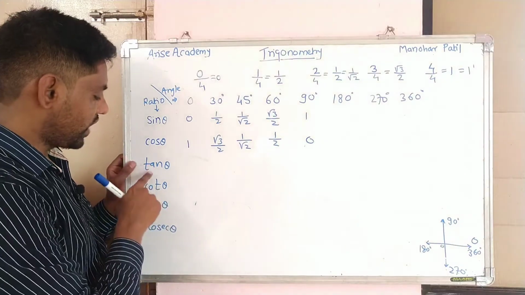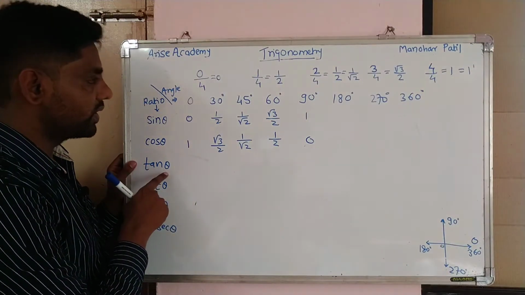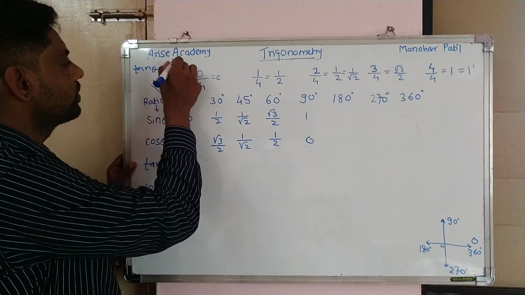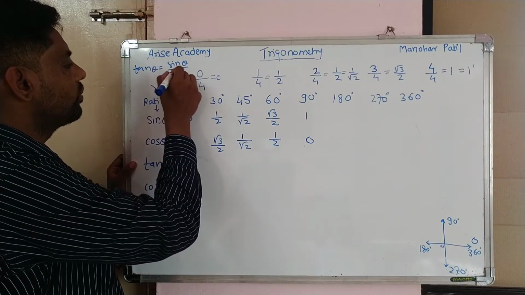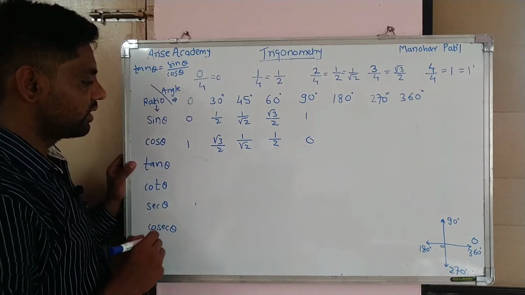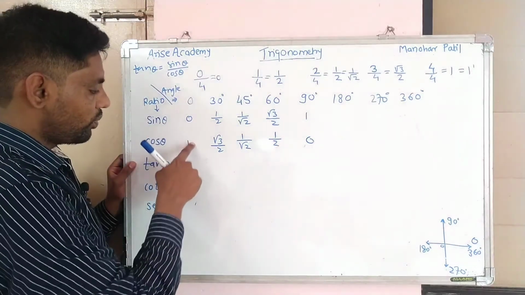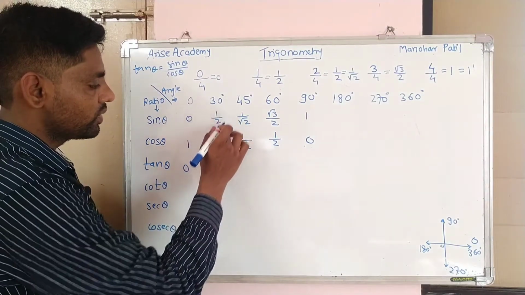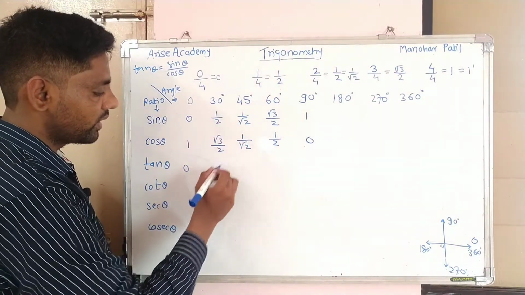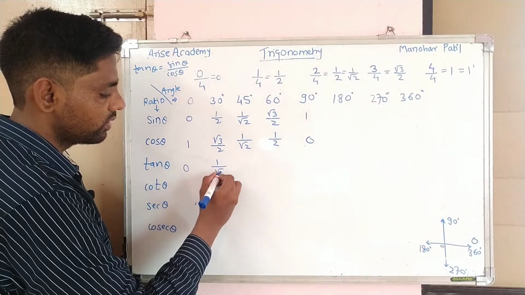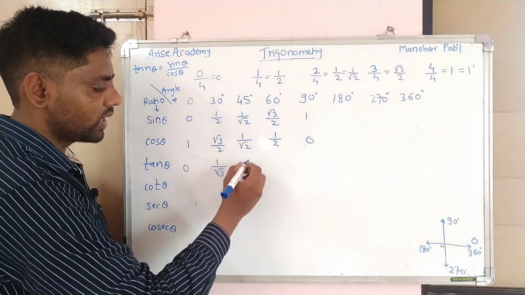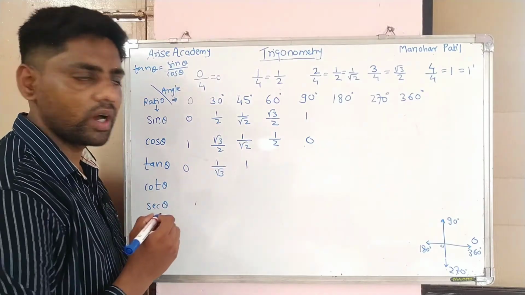Next, to find the values for tan theta, we know that tan theta is equal to sin theta upon cos theta. Therefore 0 upon 1 is 0; 1 by 2 divided by root 3 by 2, the 2 gets cancelled, so the answer is 1 upon root 3. 1 by root 2 and 1 by root 2 both cancel, so the answer is 1.